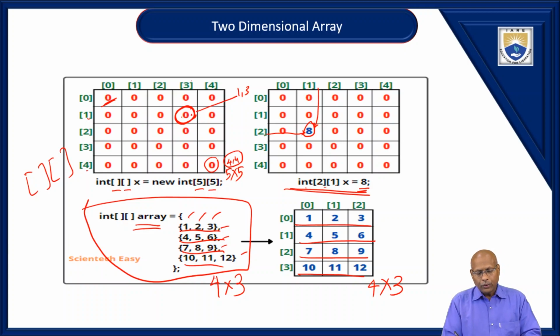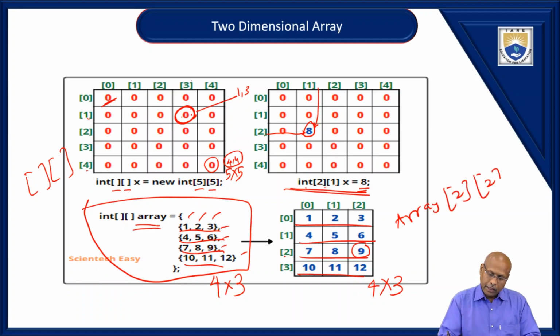If you want to fetch the data 9, can you tell me how to fetch the value 9? Data is available at which place? 2nd row, 2nd column. So array of 2nd row, 2nd column gives the value 9. Similarly, how to refer to 11?